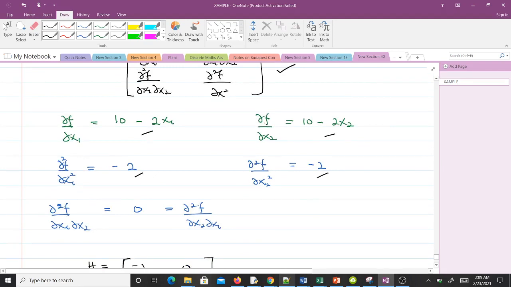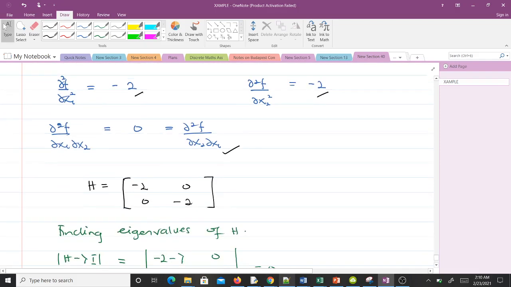And when you find del squared f over del x2 del x1, we are going to get 0 as well. So putting that is going to give us this Hessian matrix here.